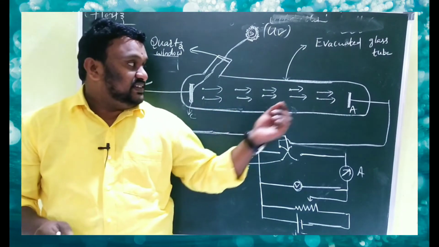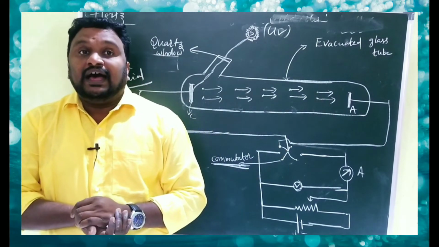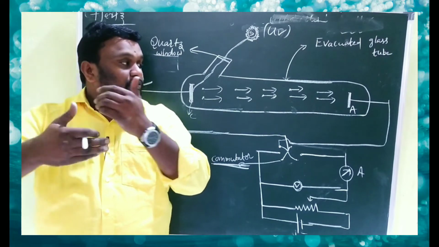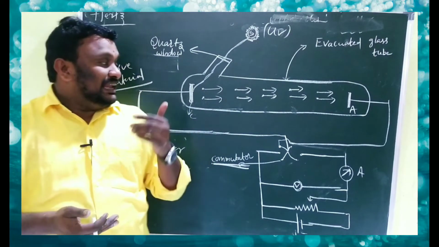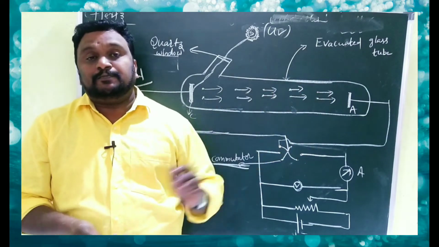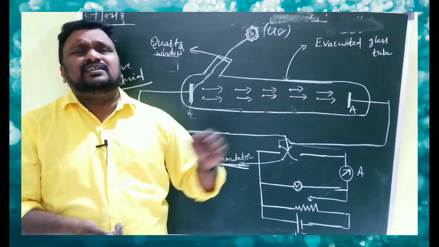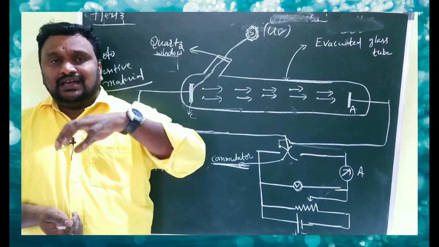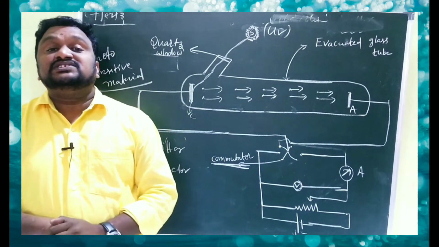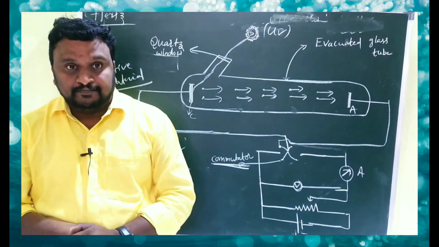When A is positive, the electrons are easily attracted towards and reach A. That's why it is called the collector. The emitted electrons must be collected by A.